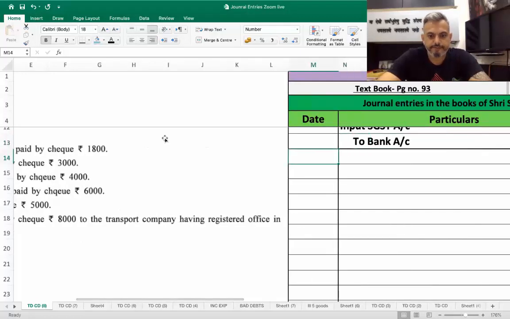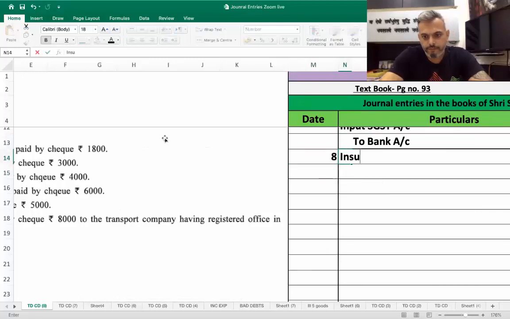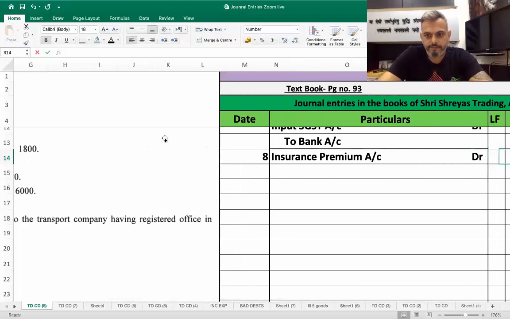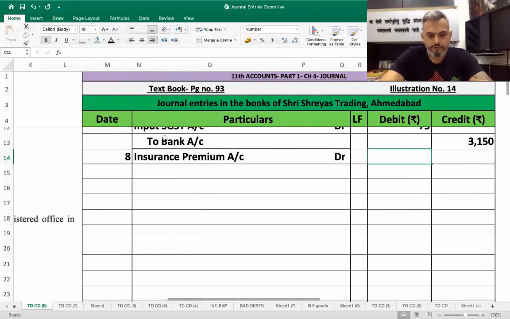So insurance premium account debit 4,000. Again, nothing is given, so it's within state.